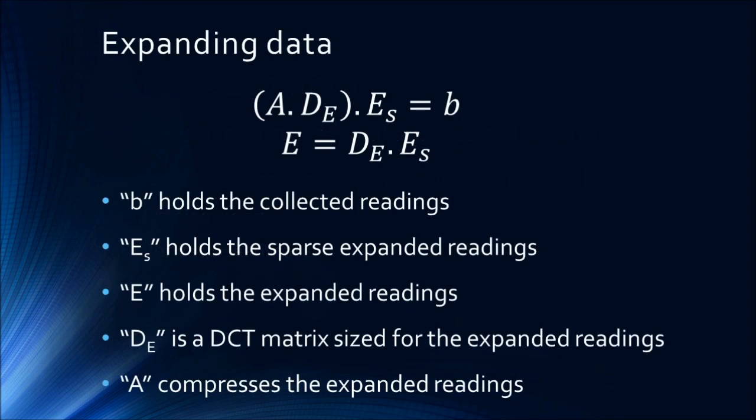We can take our compressed data, B, so that's our collected data that we came out, and we say that that data is actually the result of some sparse data that has been sampled and mixed. So this is the data we got.